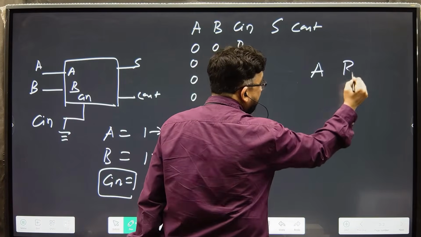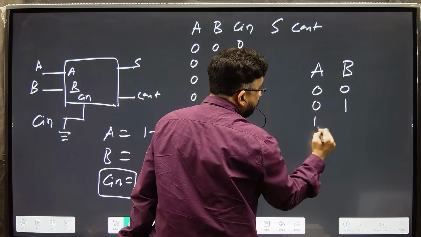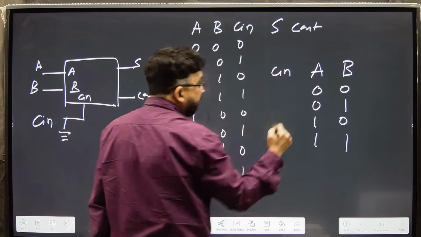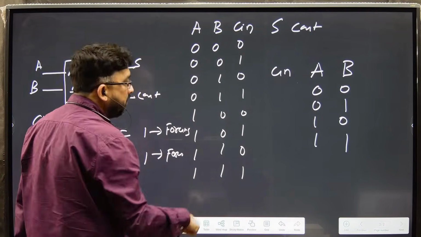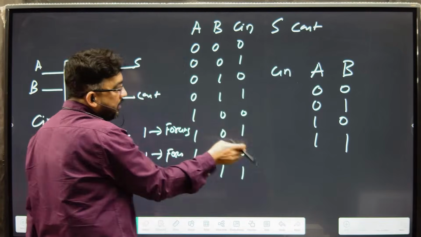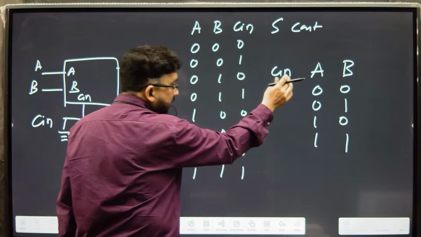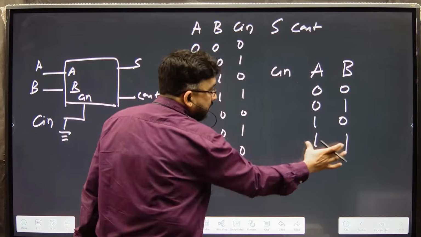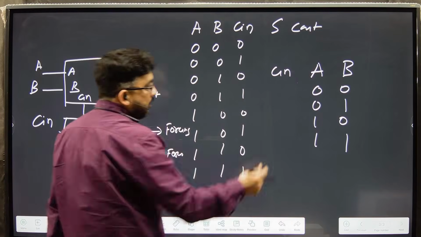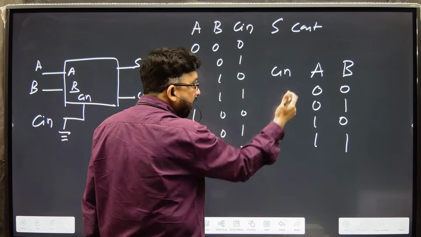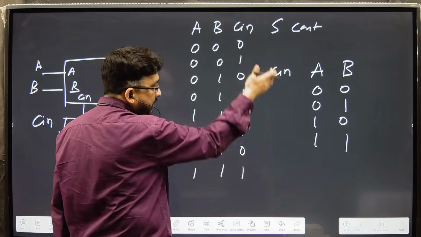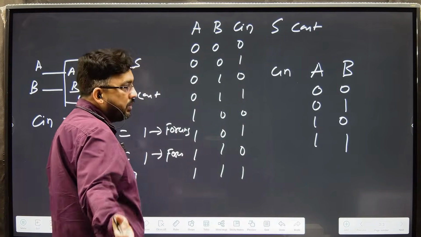You can think of it in this way also. Suppose we take A and B as 0 0, 0 1, 1 0, 1 1, and suppose by default another value you are assuming. If you assume something, this will come here, and with respect to these three variables, you will have some hardware. So that is why we have considered this as a third interface, or a third input in terms of your understanding.